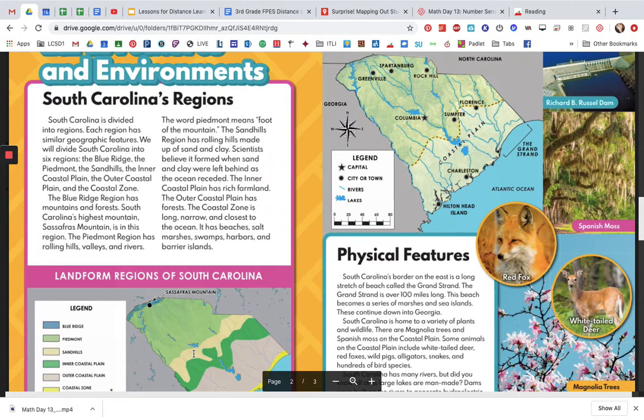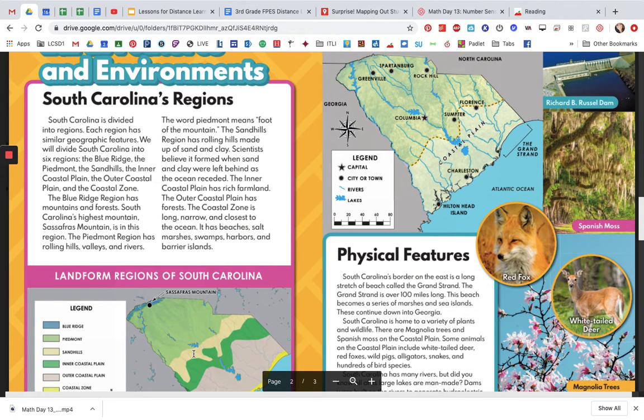Number 1, name the 6 regions of South Carolina. You're going to want to label your paper day 14. Number 2, what is South Carolina's highest mountain? Number 3, why is there so much sand and clay in the Sandhills region?